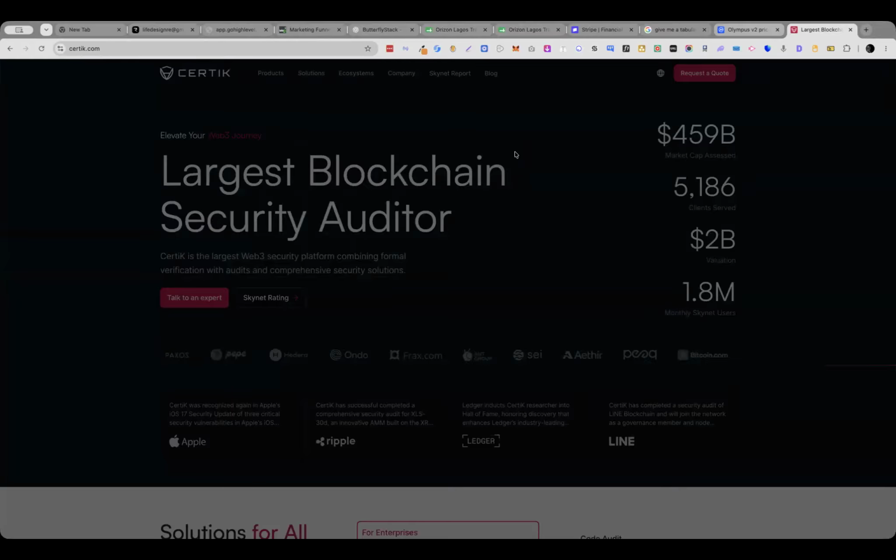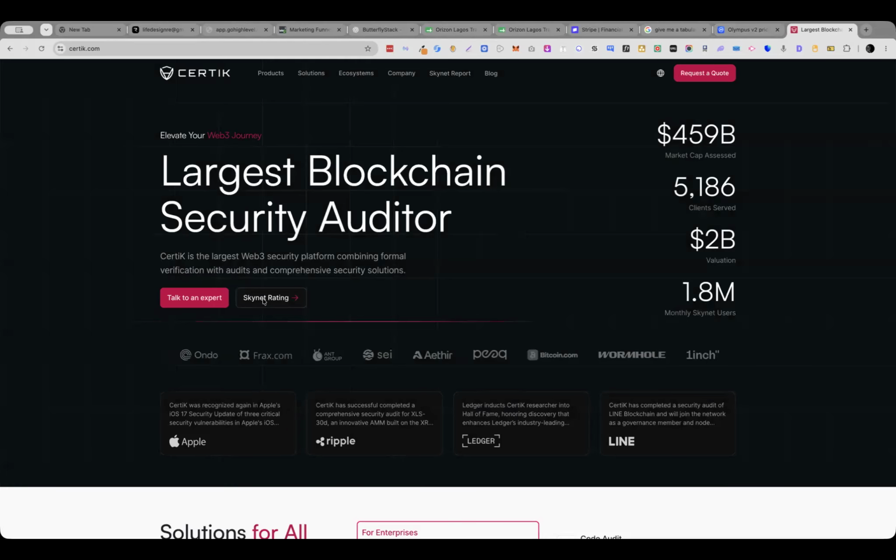It's saying my page is unresponsive. I'm still clicking on Skynet rating. One minute. Stop sharing and reshare. All right, as I stop sharing, it has opened now. So let me share again.